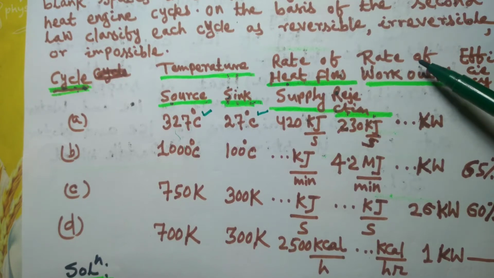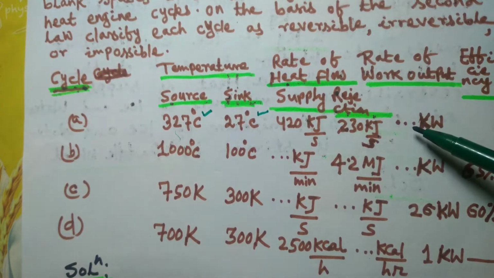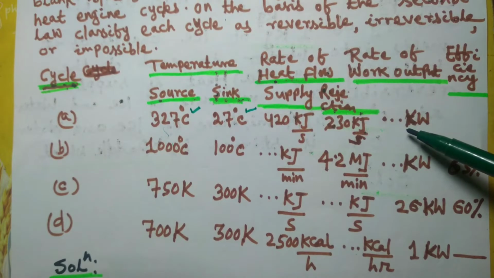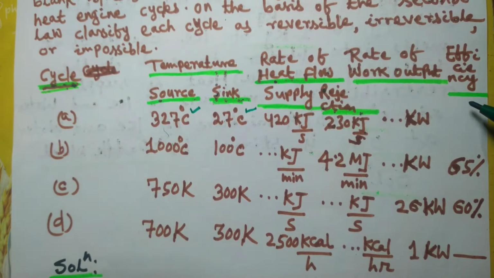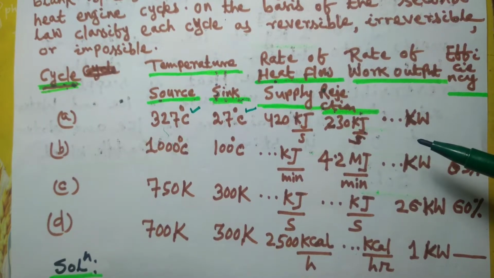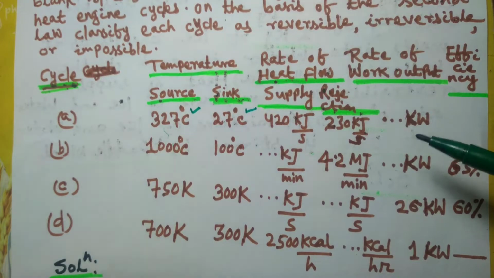First we have to find out the rate of work output in terms of kilowatt and then the efficiency, and classify that. Eventually we have to classify whether this heat engine is reversible or irreversible or impossible.